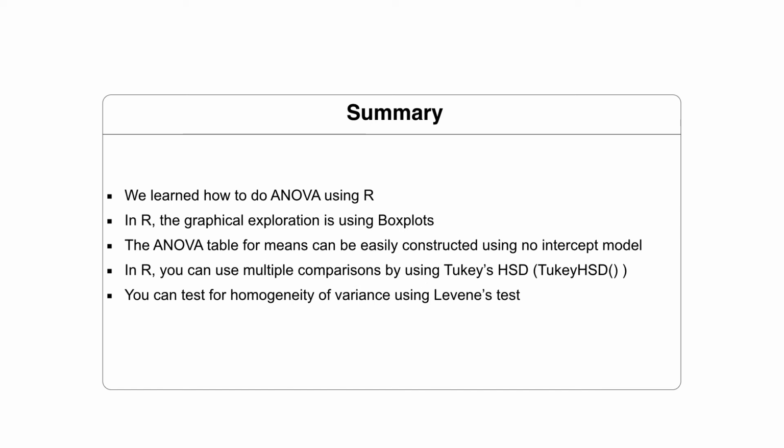And you can use multiple comparisons, use Tukey's honestly significant difference test, and you can test for the homogeneity of variance using Levene's test. That's as simple as that. So this is all about using ANOVA, using R, and working with this.